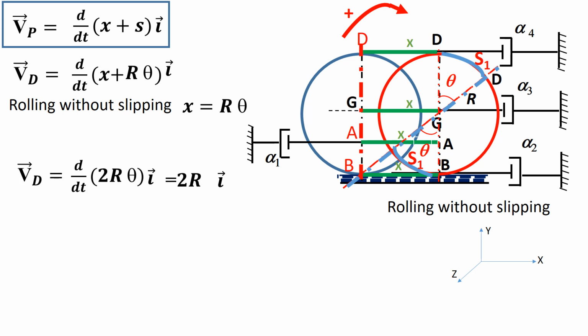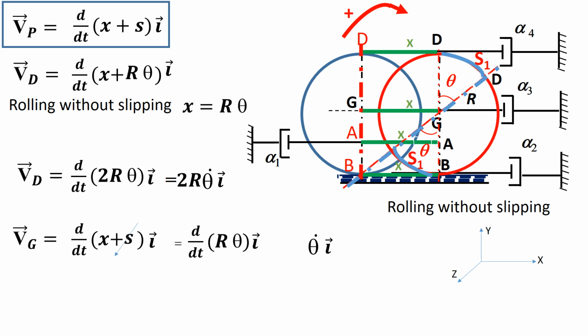Now when we replace, we get this expression. Now we use the same thing for G, d over dt of x plus s i. And for G there isn't rotation, there is only translation, so the rotational part is equal to 0.